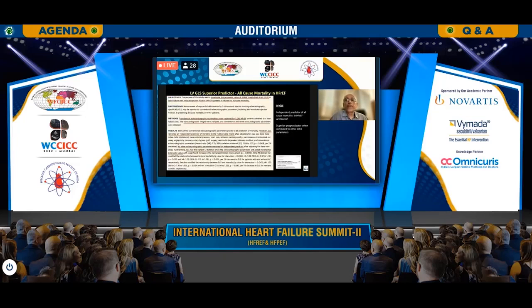Just again, cherry-picked a few articles looking at the GLS. There is an enormous amount of literature on the LV-GLS. So this is just looking at the all-cause mortality. Looking at the GLS in terms of the reduced ejection fraction, and looking at 1,000 patients here, they looked at a multivariable model, and no other parameters remained an independent predictor.